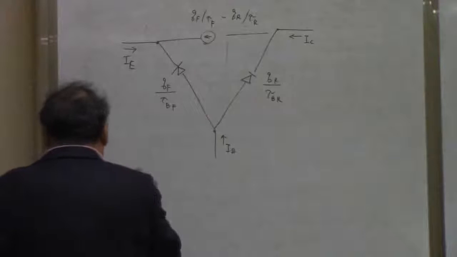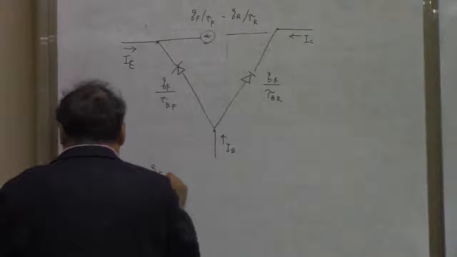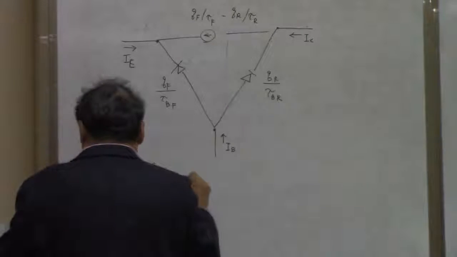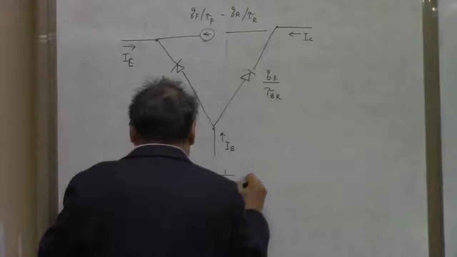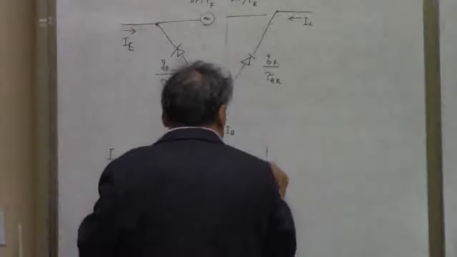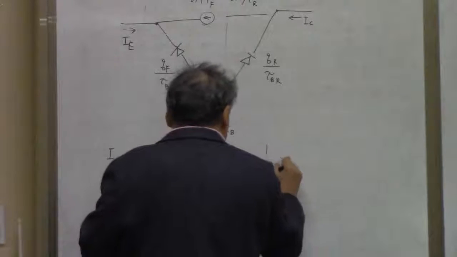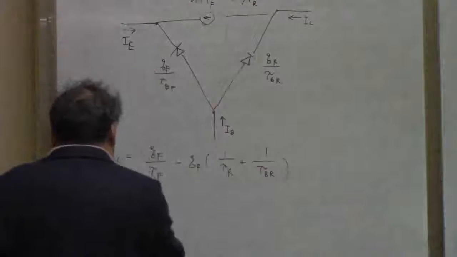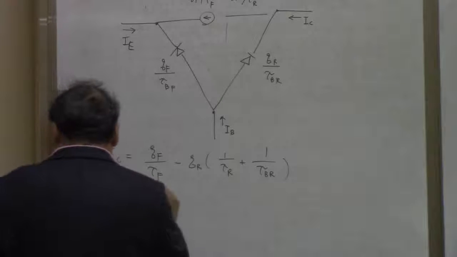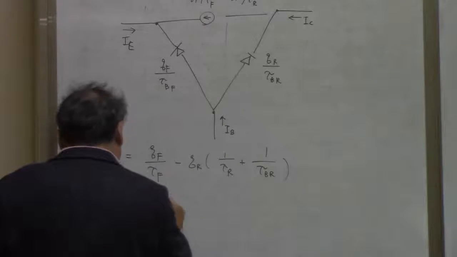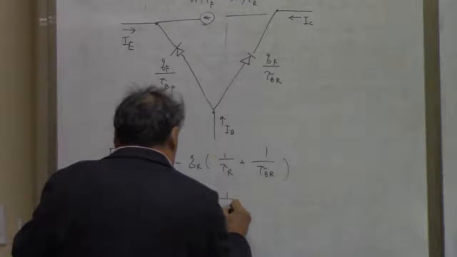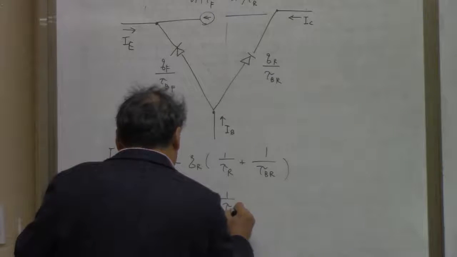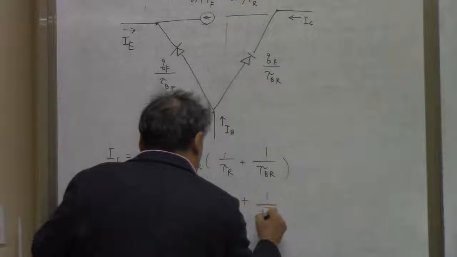The collector current IC is QF over tau F minus QR times (1 over tau R plus 1 over tau BR). And the emitter current is going to be QR over tau R minus QF times (1 over tau F plus 1 over tau BF).